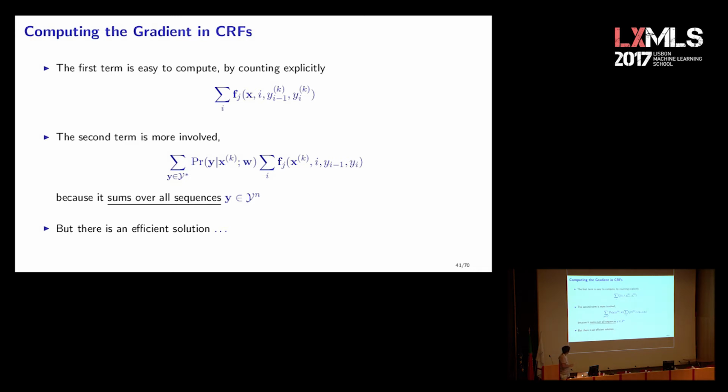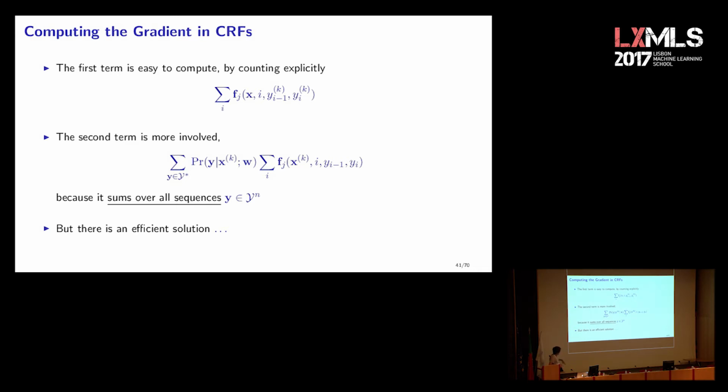And the output space is exponential because we are in structure prediction, okay? So in order to compute this, conceptually, we go over each output structure, compute the probability and compute the feature vector of that, okay? We compute this expectation. So conceptually, we need to make this computation, but we need to sum over all possible sequences. So we cannot do this by brute force, okay? But of course, there is a solution, okay?